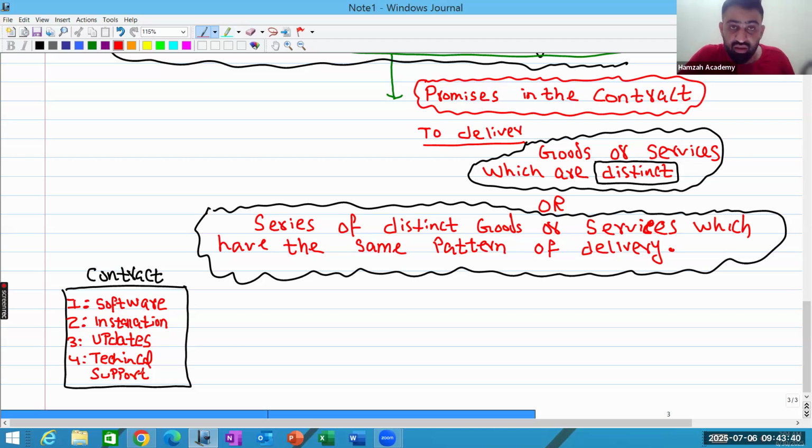Now we have made multiple promises in a contract with our customer.